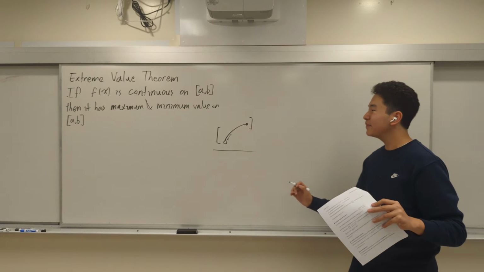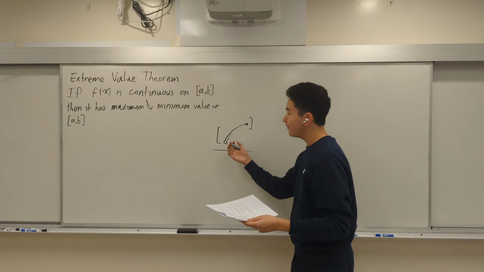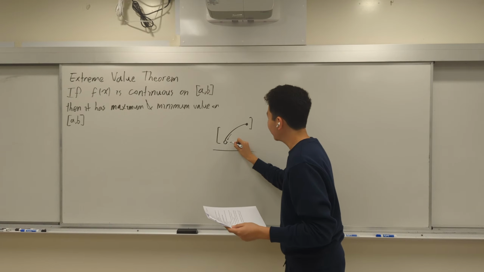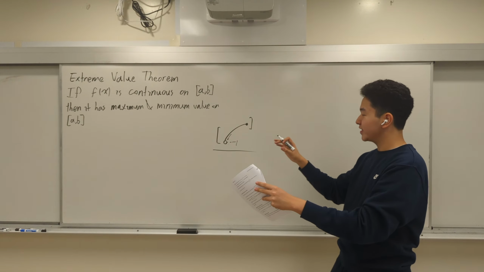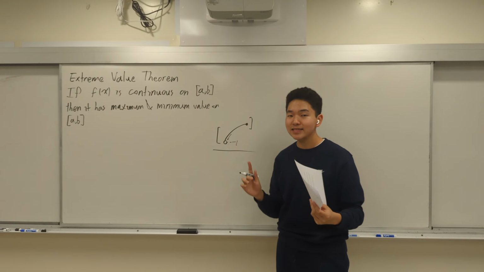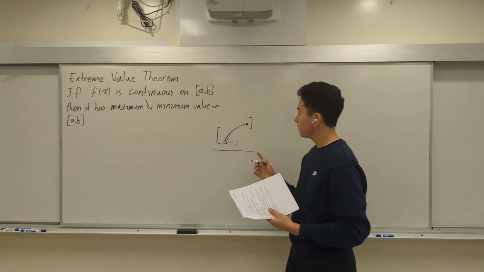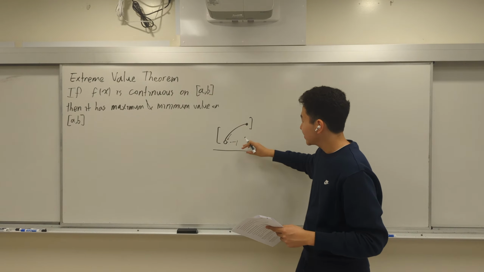A minimum value has to be a real number. Here, if this is 1, then we can get to 1.1 and 1.001 and 0.0001, but will we actually get to a concrete single real number? No. So in this case, the minimum value does not exist, but the maximum value will exist, right?